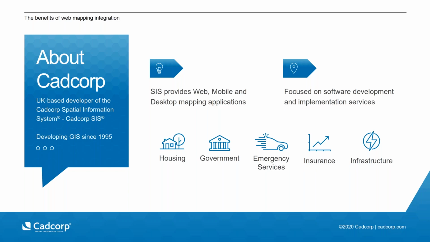We provide our applications across multiple different sectors, and you can see some of these listed on the screen. It's good to see that most of you today are from these sectors. We've got emergency services, a few local government, and a few infrastructure as well, which is great. That gives a basic update about the Cadcorp software.